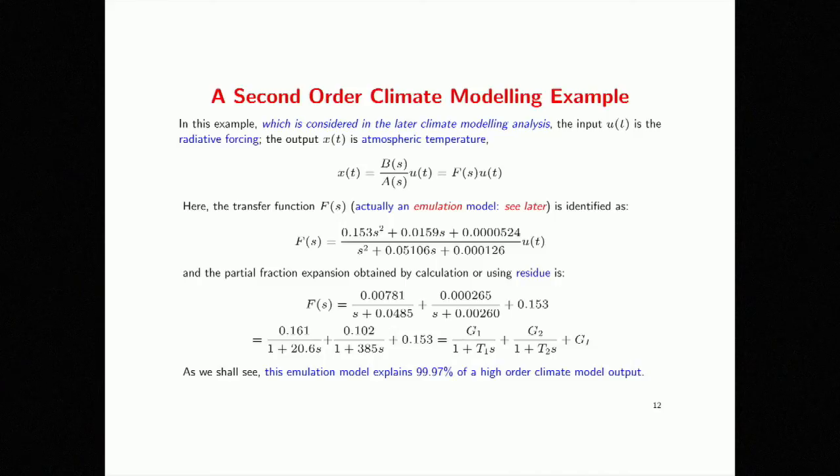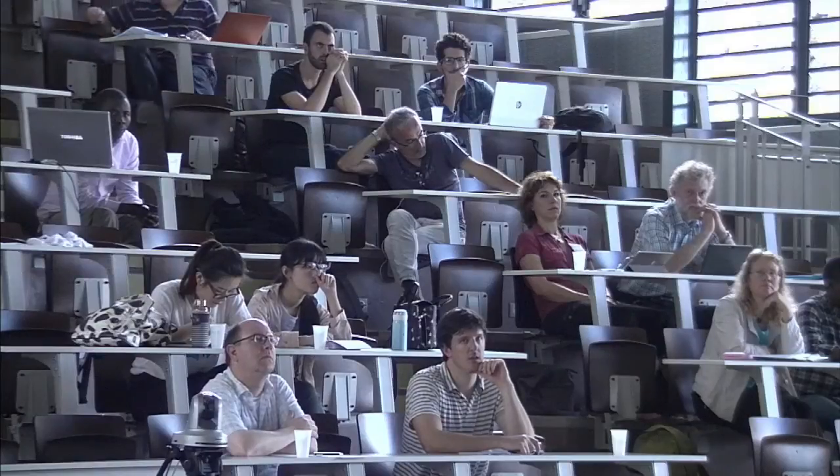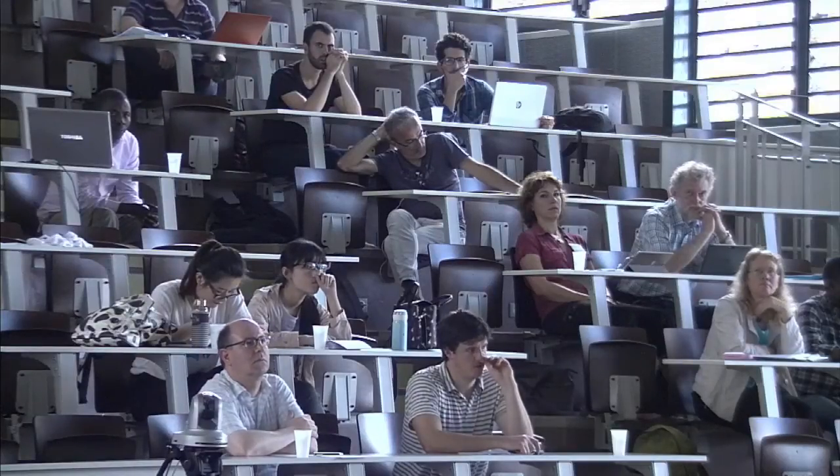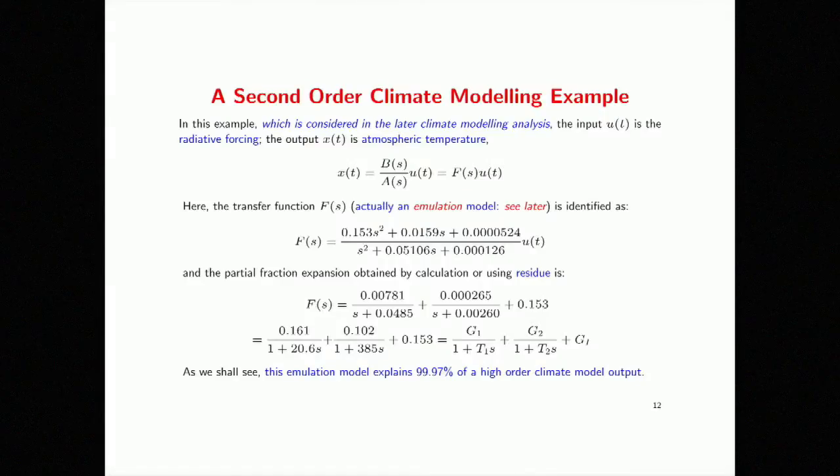So this says that the input, which here is the radiative forcing, the total amount of radiation-induced heating of the atmosphere, and the climate scientists have a globally average measure of this, and I'll be using that. And the output is the globally averaged atmospheric temperature. See, everything is averaged to the globe. You might question that, and I know Andrea has questioned it to me earlier on in the week, and I would question it, but that's what they use, we'd better use it.